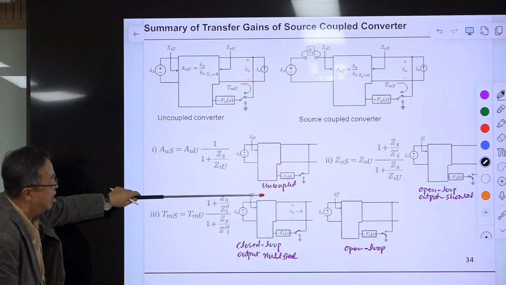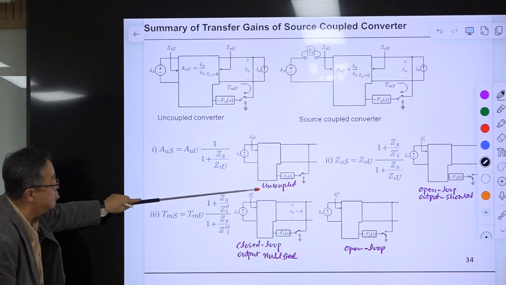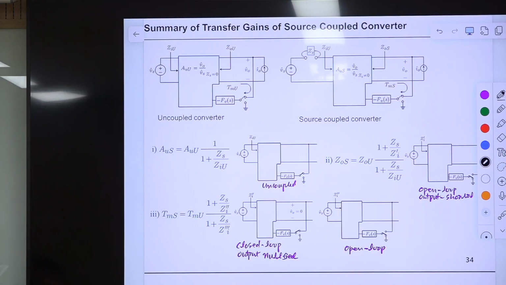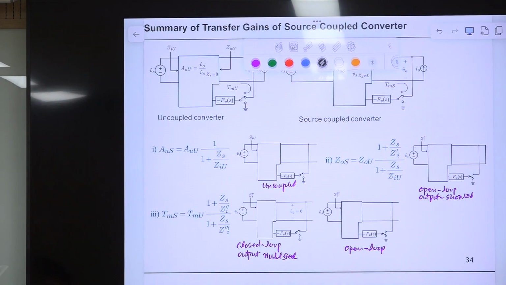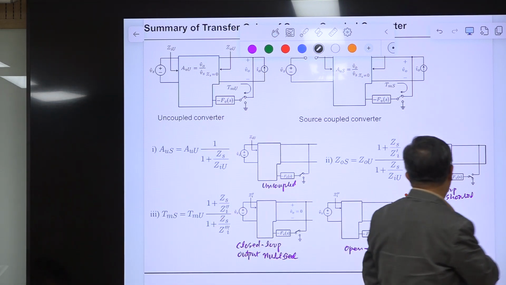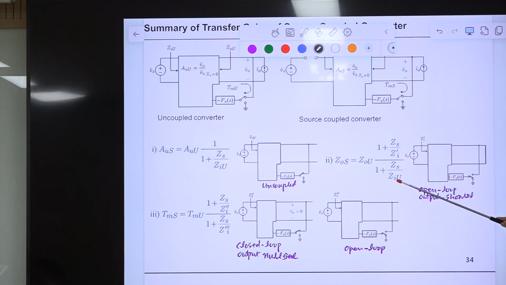And this is the graphical representation of GIU. And here, the output impedance of your converter looks complicated. Let me move this. Okay? So you have two terms here, and this is extremely easy to evaluate, and you have knowledge about this.